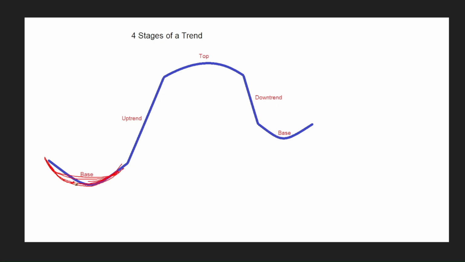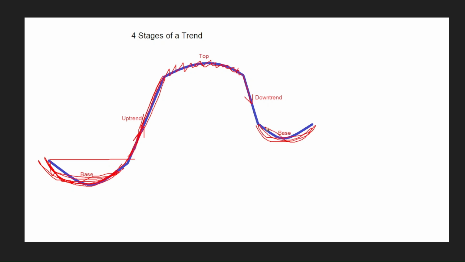And then once we get enough strength in the buyers to turn this accumulation phase into an uptrend, we break out, we get some upside follow through, and then we'll trend to the upside until investors believe that we've made too big of a move and it's time to start taking some profits. And then we start forming this topping phase. Okay. And then when the sellers are stronger than the buyers, we turn the pattern down to a downtrend. Okay, and then we start the process all over again.